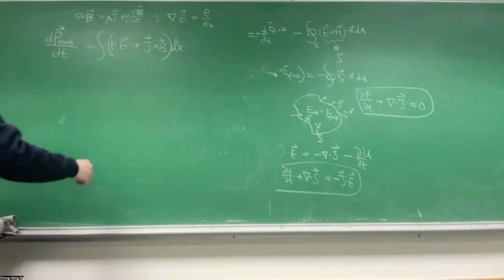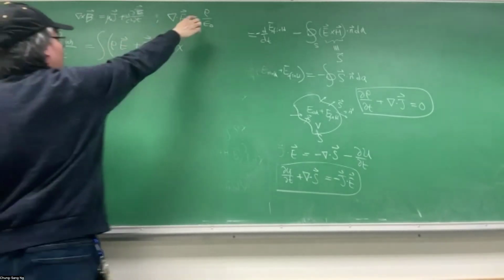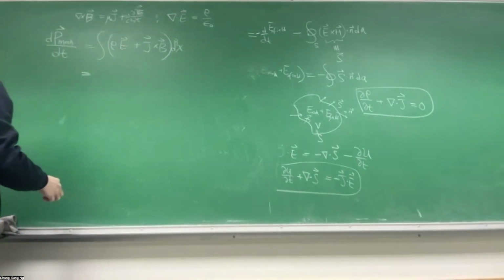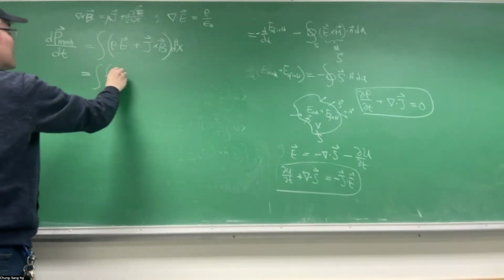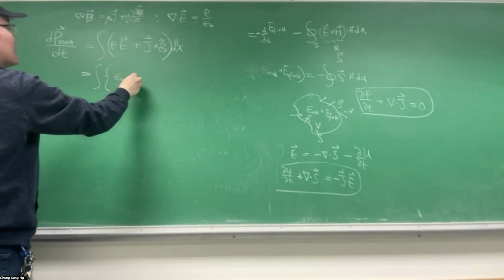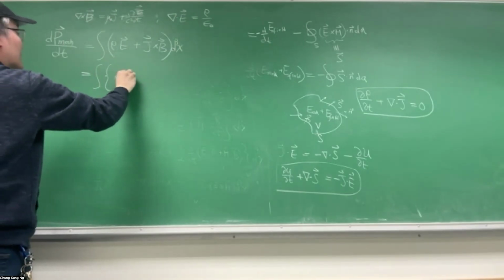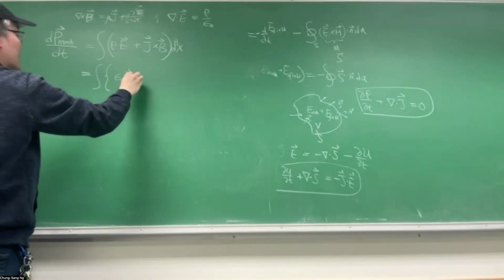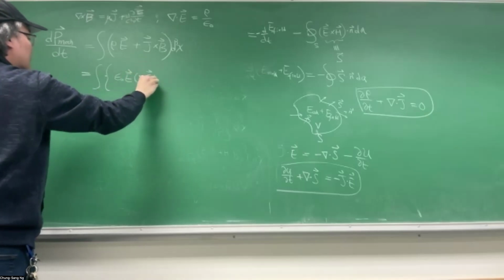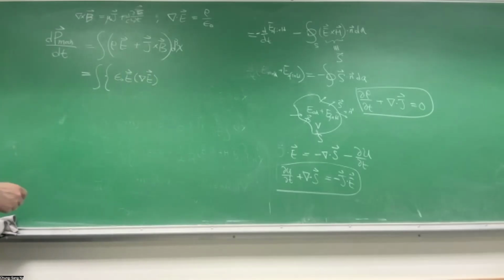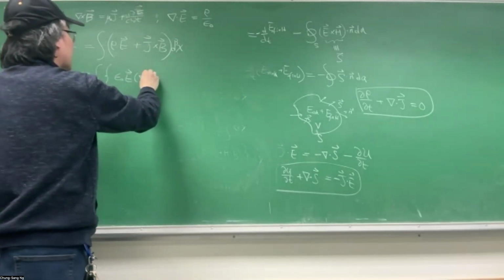So now you can substitute rho as epsilon zero times divergence E. Epsilon zero E, and then divergence E. Good, so that's this term.